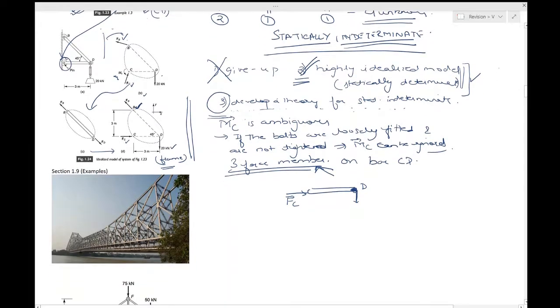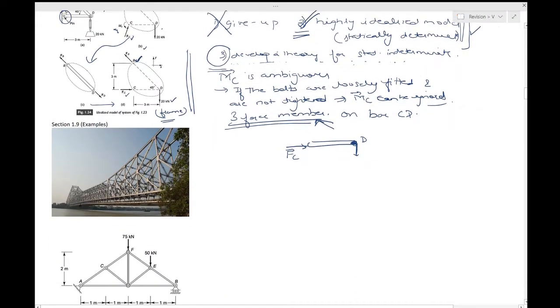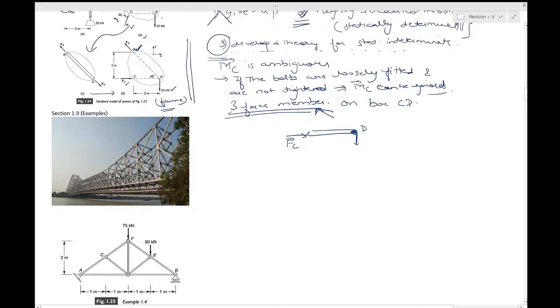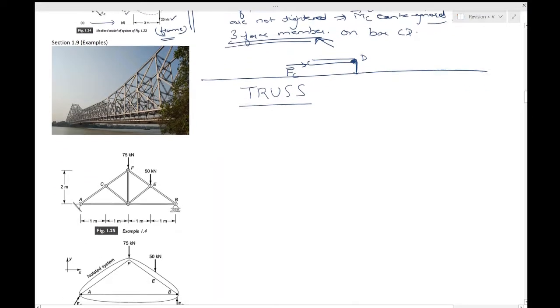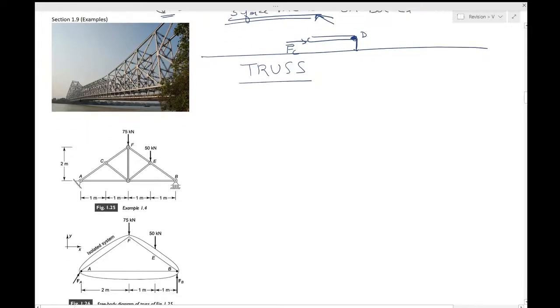Okay, let's take another example which will continue with us for a very long time in this course, and this is about something called the truss structure. The picture which you see on your screen is that of the Howrah Bridge.